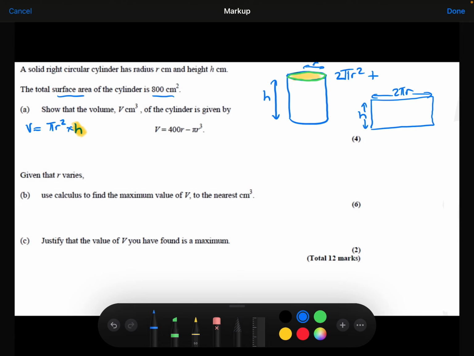So the area of that rectangle is base times height, so 2 pi r times h. This is my expression for the surface area. So I can now make that equal to 800, because I was told the surface area was equal to 800.